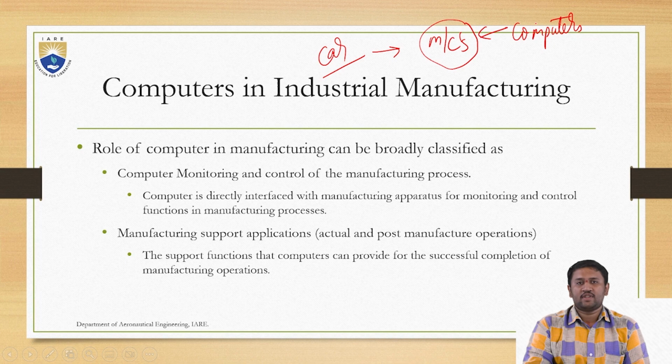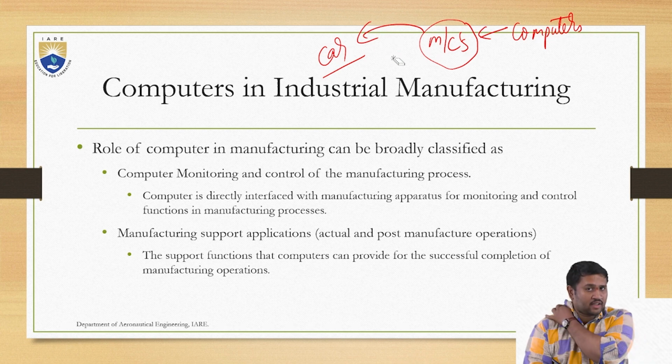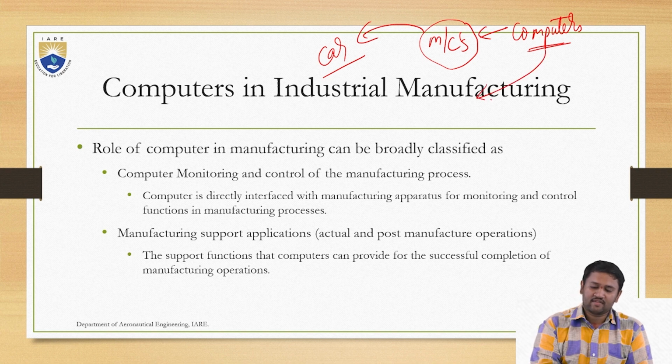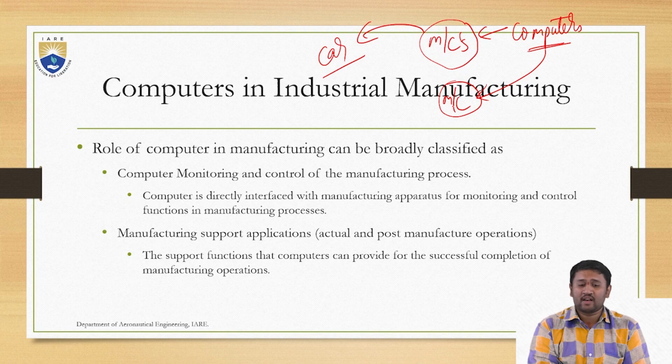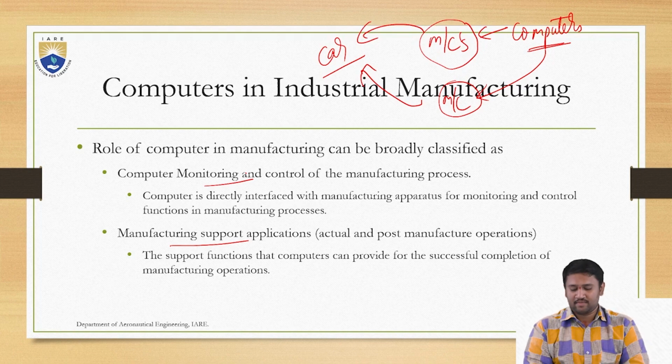Right? These computers will help control the machines in order to get your car as a product. Right? And now, if you are using computers instead of your manufacturing for every other process, let's say in order to procure some material, to plan how you are producing your car, everything, those will be your manufacturing support applications. These will indirectly affect your production of your car, but directly it will not affect. These are two categories that we can classify them, right?